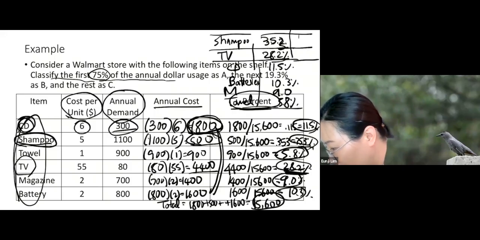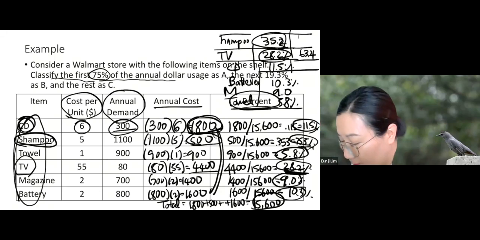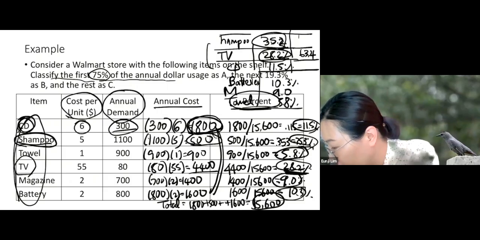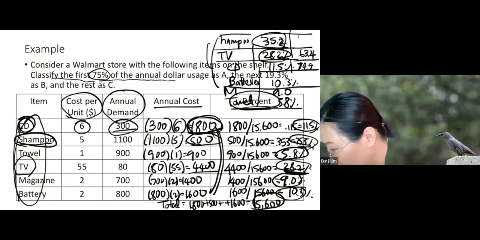If you add them up, you get 63.4. Now, if you add the first three percentages, what do you get? You get 74.9, almost 75%, right?